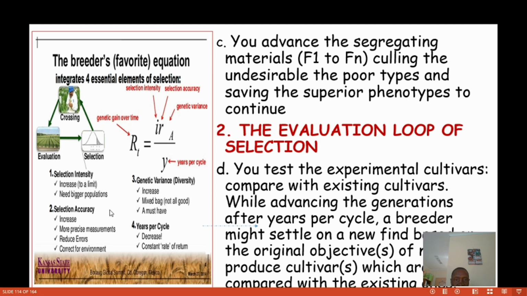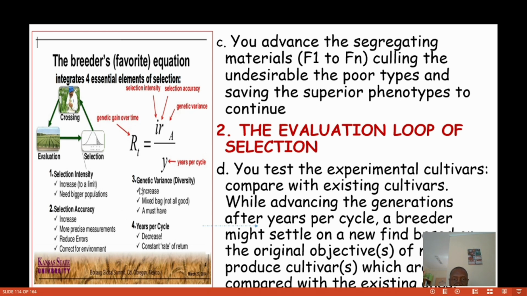And taking in mind that to fulfill the breeder's favorite equation, these are the things that must be taken into account. Having the selection intensity, which we now know what it is, you should be able to go back and define and understand it. Then you must accurately select, and there is a formula in doing that, and these are the various prescriptions on how to do that. And you have to use the genetic variants that you generate out of that crossing.